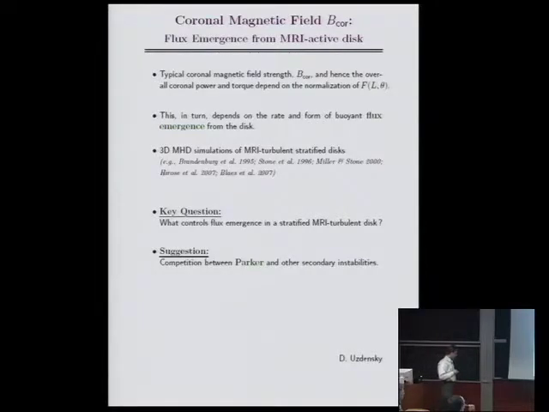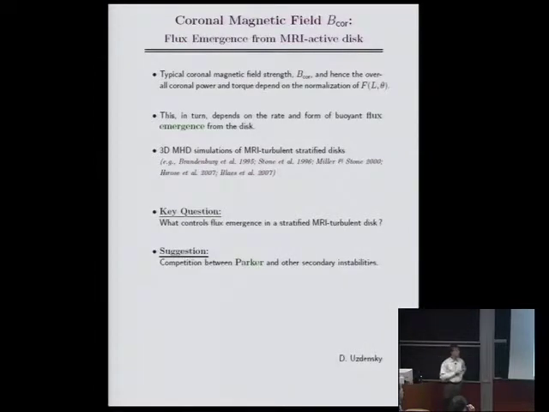But still, I think it's very interesting to lay out what the possibilities are. If one wants to determine the overall characteristic field strength at the surface of the disk that goes into the corona, one has to consider the processes that result in flux emergence, that is, a buoyant rise of magnetic loops from the disk up into the corona.